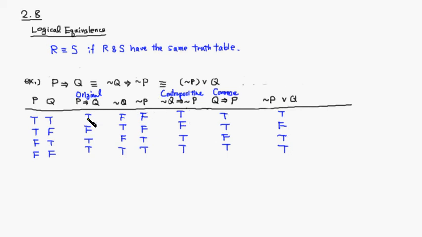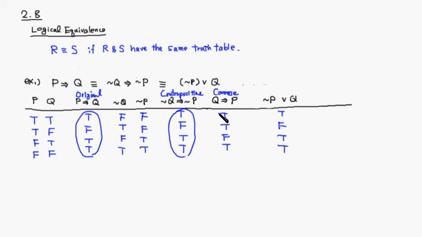Then let's look at the truth values. P implies Q, the original implication, has true, false, true, true, which is equivalent to not Q implies not P, the contrapositive. You can see that it has exactly the same truth table.